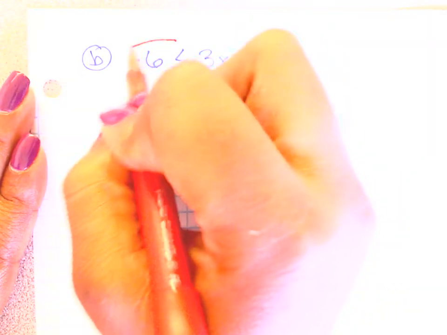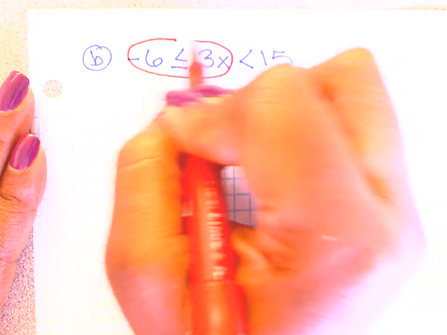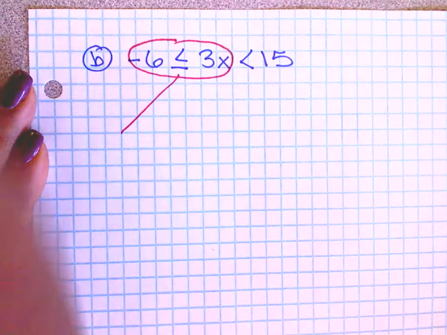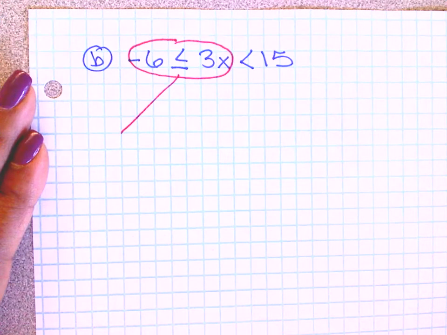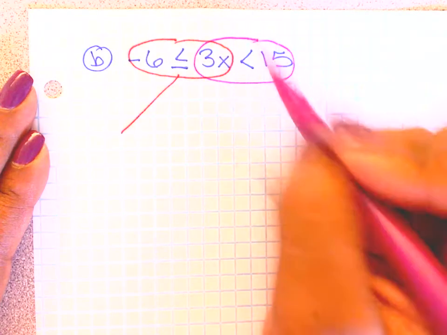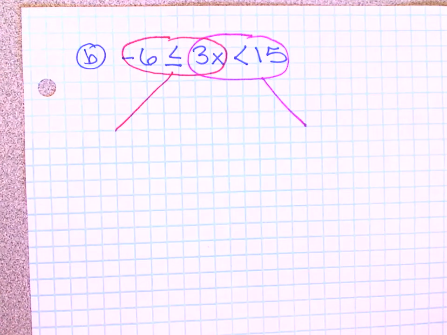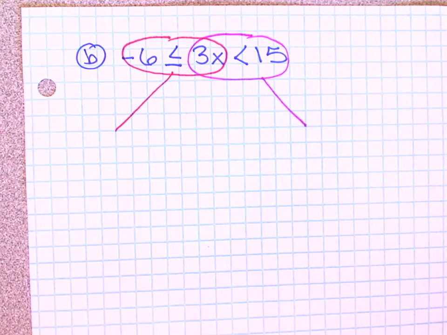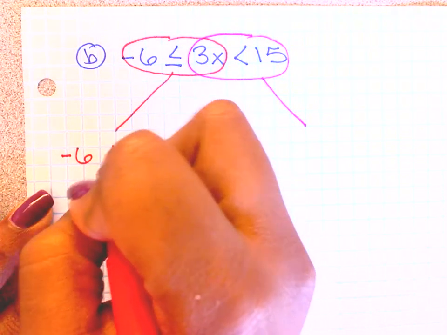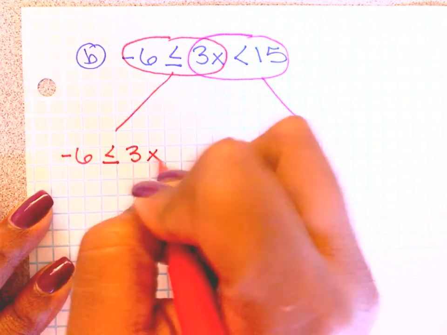Okay, so step 1 is circle each equation. This is one equation here. Now I'm going to write, and this is the other equation here. And I'm going to write. So on the left-hand side, I have negative 6 is less than or equal to 3x.